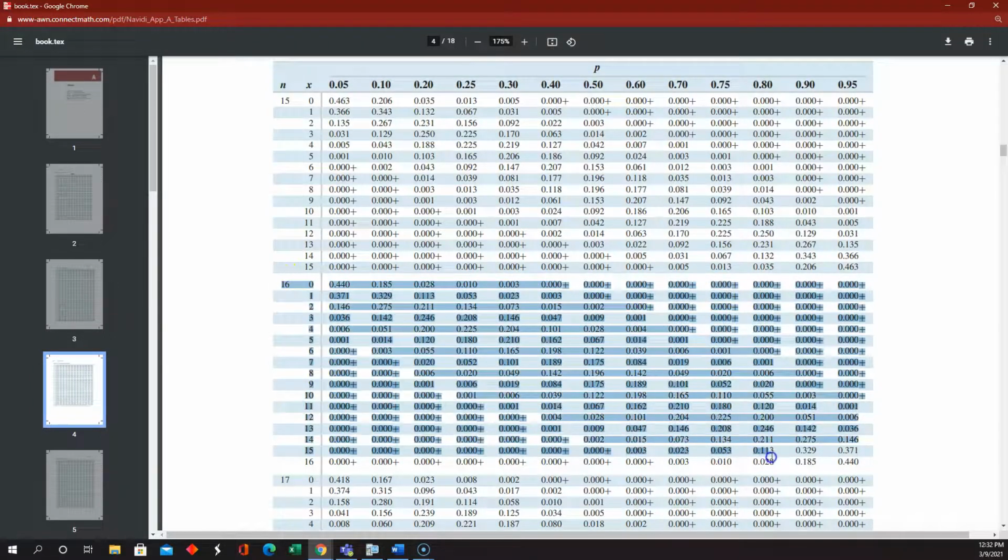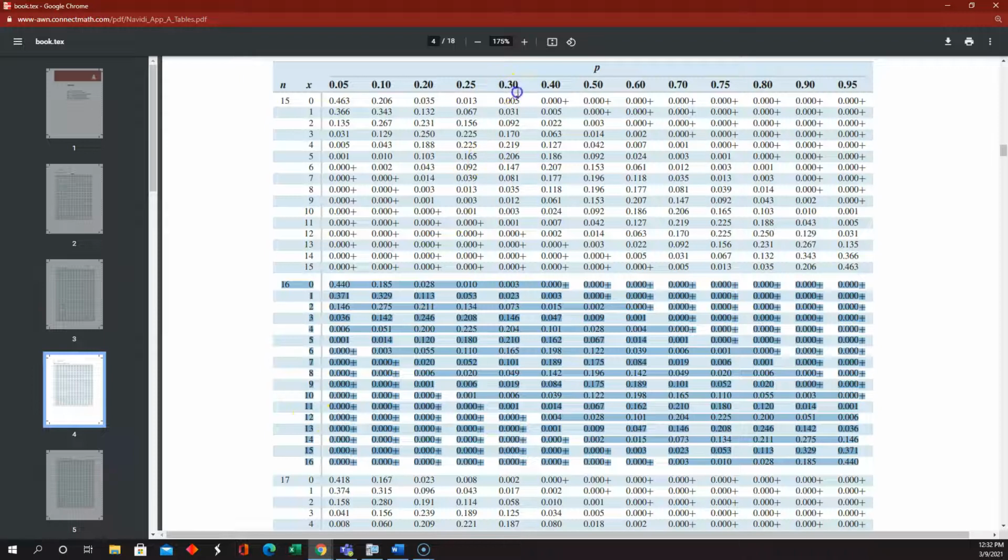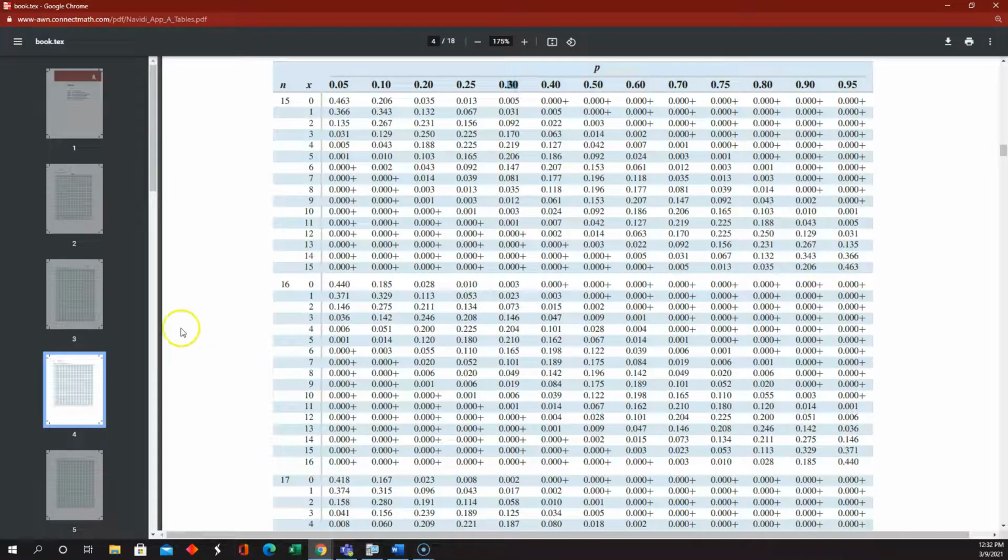So all of our possible answers for n equals 16 are going to be here. And then we want the column for the probability of success equal to 0.30, which is here. So in the section for n equals 16, we're going to be in the column for p equals 0.30, meaning all of our answers are going to be in this column here, depending on the various values of x.